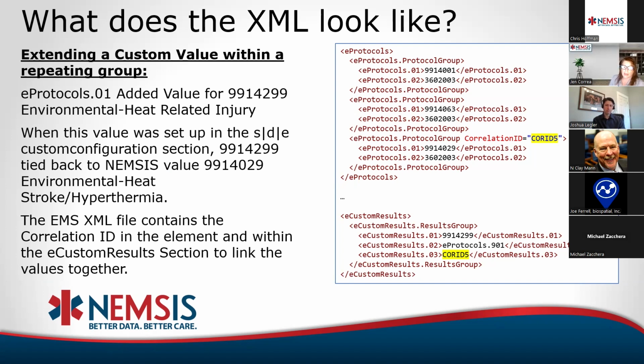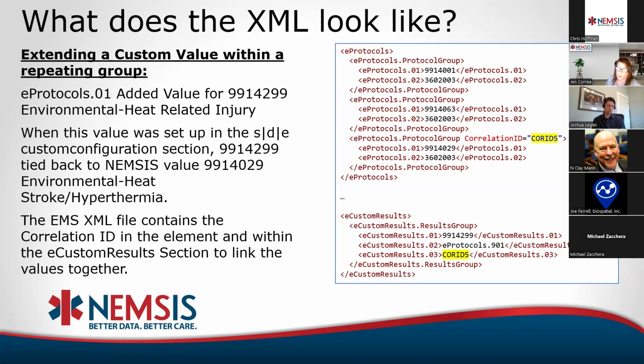The EMS XML file is going to contain the correlation ID and the e-custom results. Right here, you can see that within this ePCR, 3 different protocols were used, but only one of them was marked for the heat-related injury. Only one of them is a custom value that extended that element.